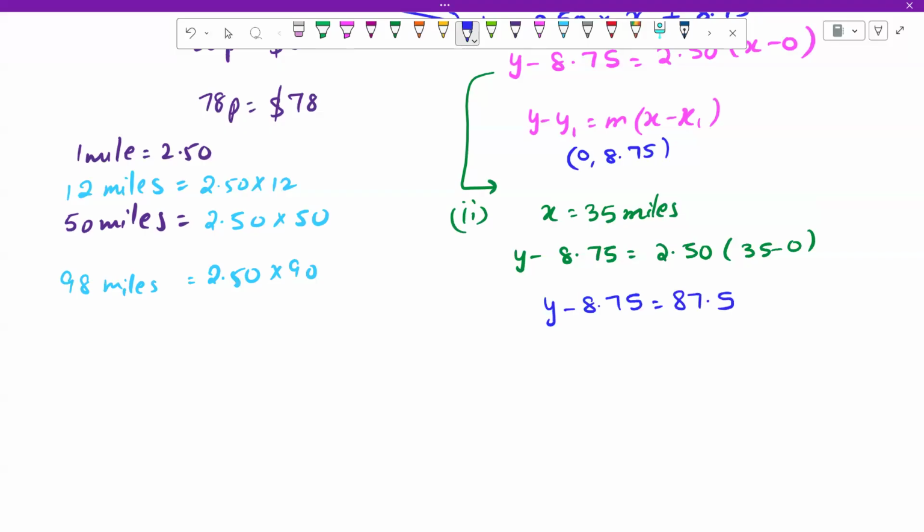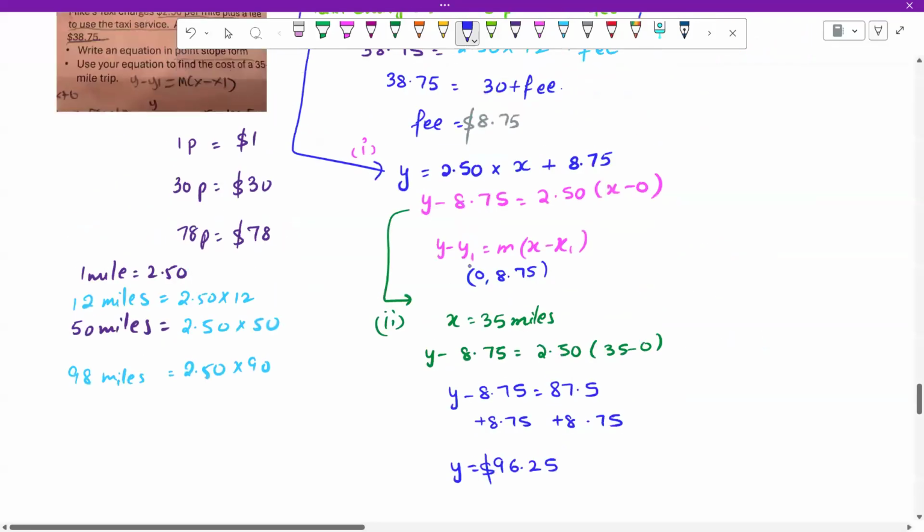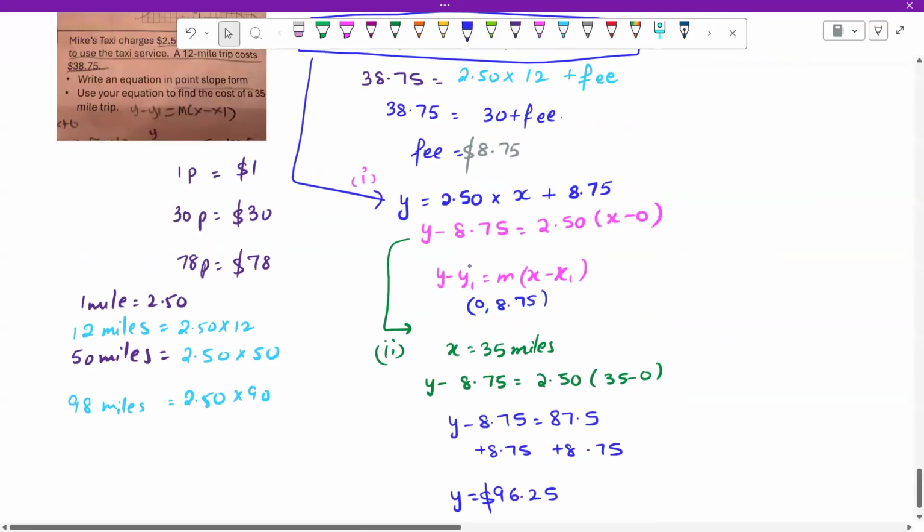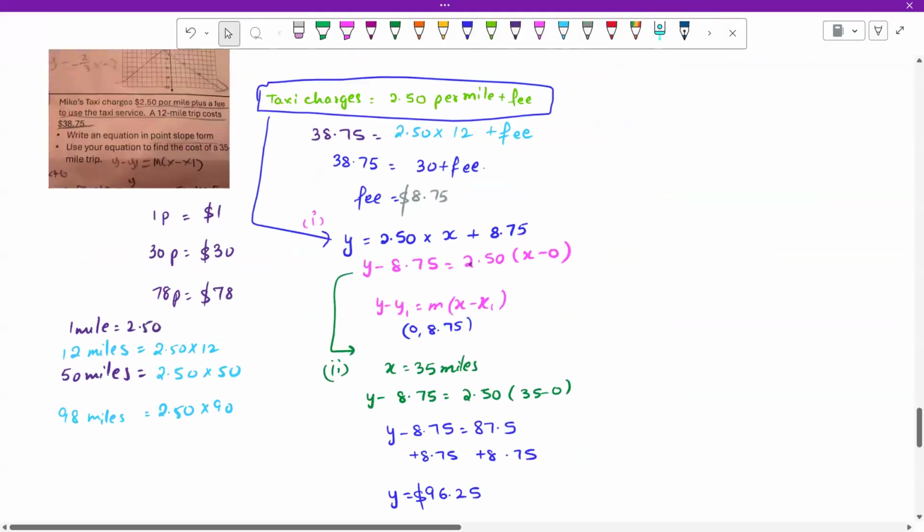Yeah. Now we'll just need to add the 8.75 on both the sides. I got 96.25. Yeah. So 96.25 is the taxi charges for a trip of 35 miles. That's what we wanted.